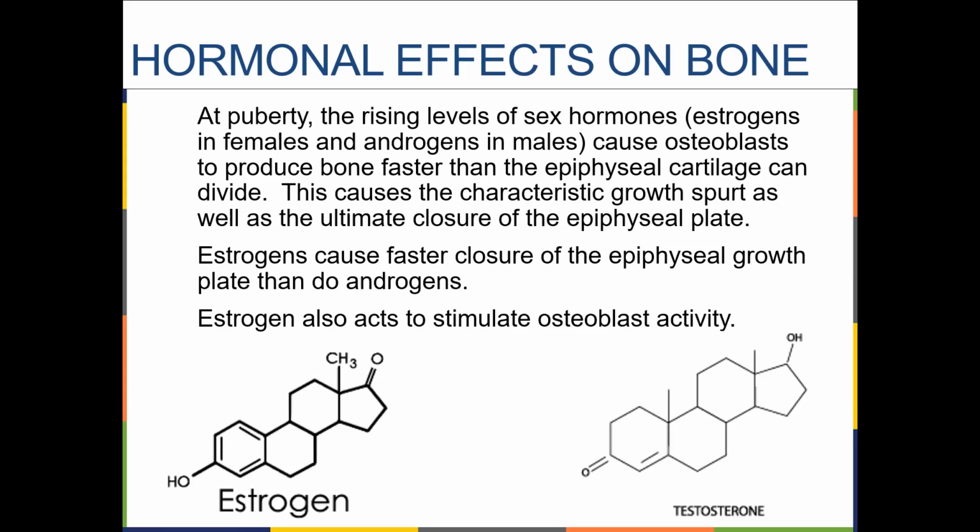We need our sex hormones to trigger puberty, but we don't get sex hormones from the ovaries or the testes until they develop. So unless they develop, we can't get the sex hormones, but we release the androgens from the adrenal glands, and that triggers puberty. And then the ovaries and testes can develop.